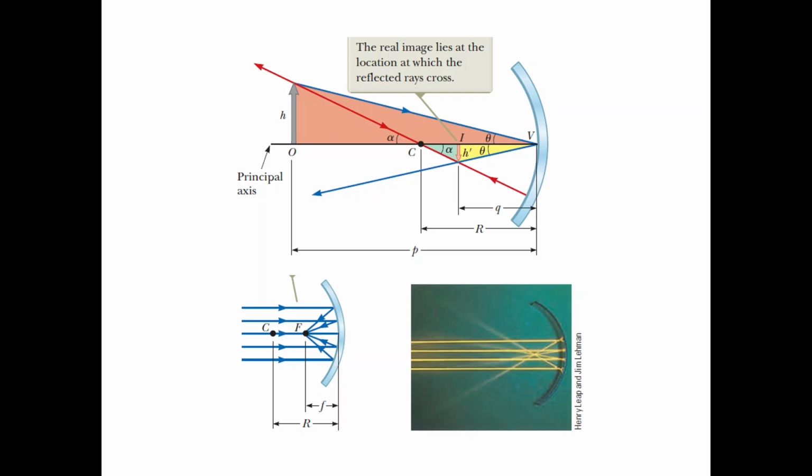When they hit the inner part of the curved, or spherical, mirror, they will all be reflected to a single point, which is located on this principal optical axis, and its position, the focal distance, is half of the radius.